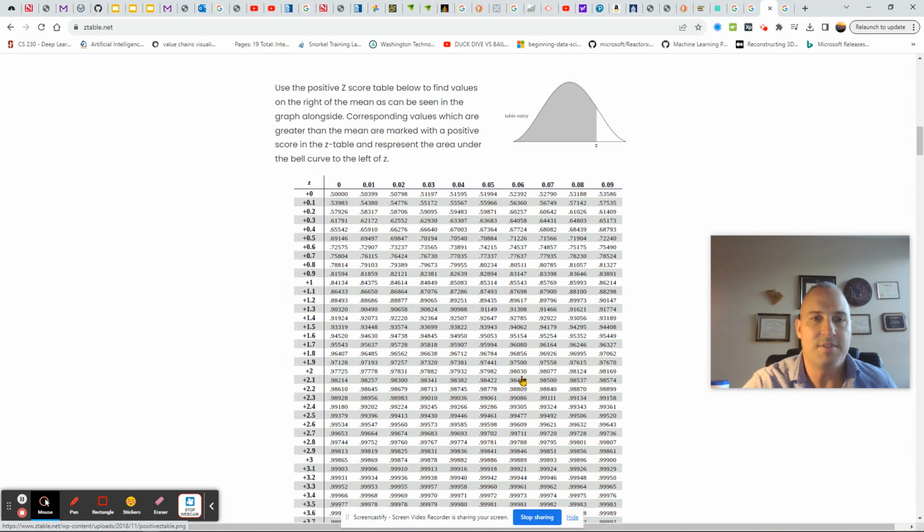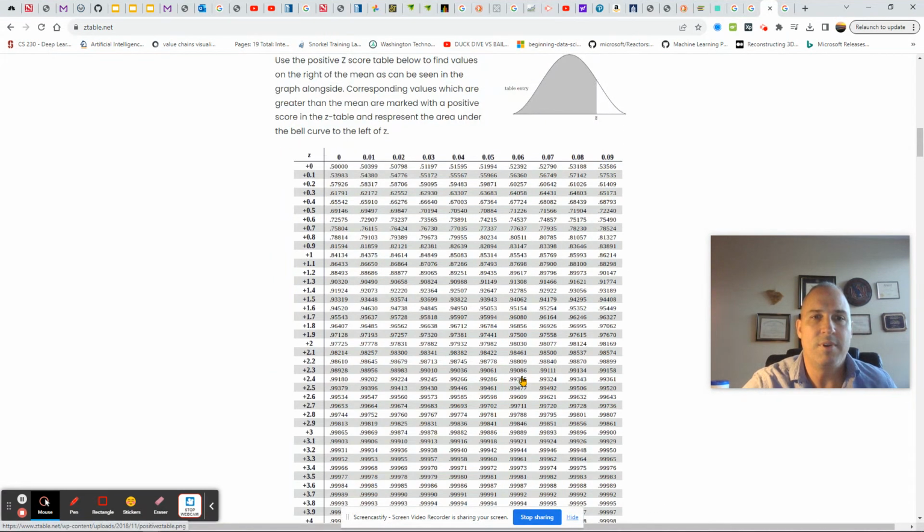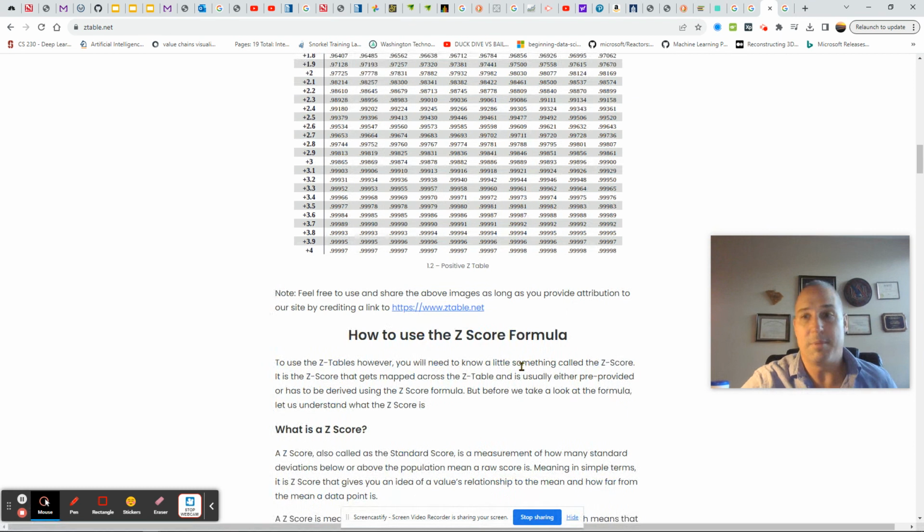This is truly one-sided. So 1.96, yeah. We've actually got 2.5% off on the right side of the tail. That's 1.96 standard deviations. Remember, 2.5% on the right, 2.5% on the left. That gives us a 95% confidence interval.